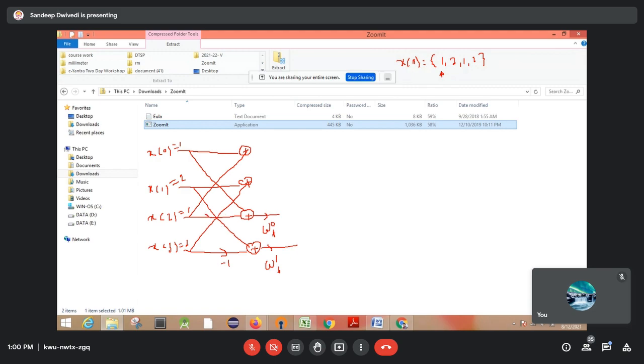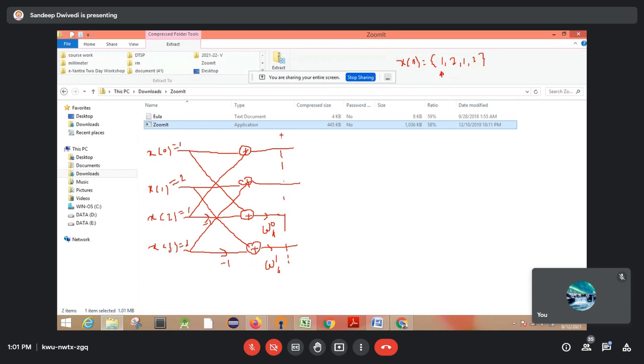On the same line where the twiddle factor is, you need to apply the -1 multiplier. So this will give you your stage 1 output. Somewhere here you can mark your stage 1 output by a dotted line.